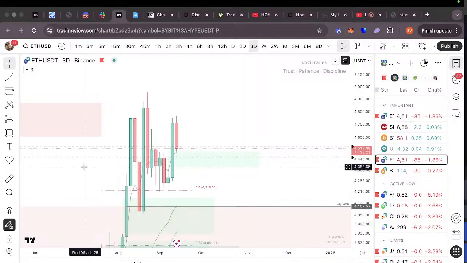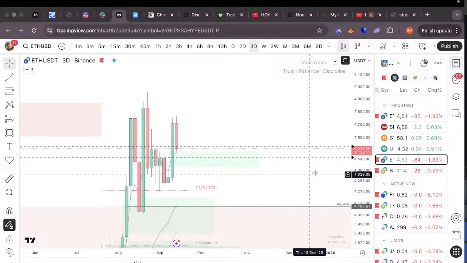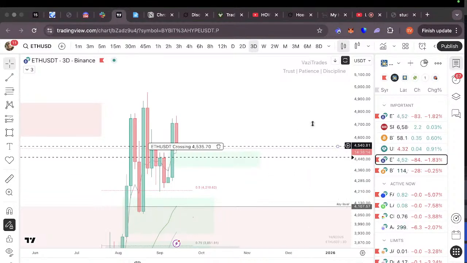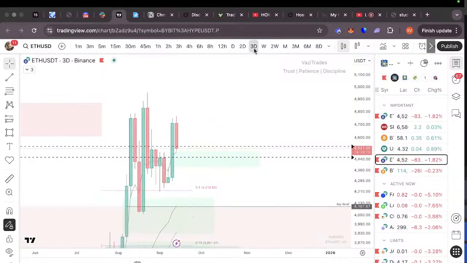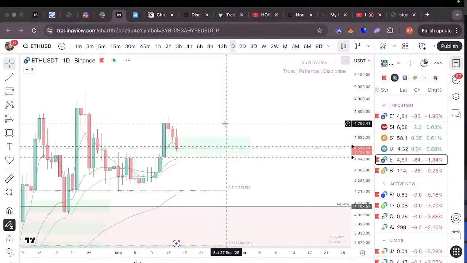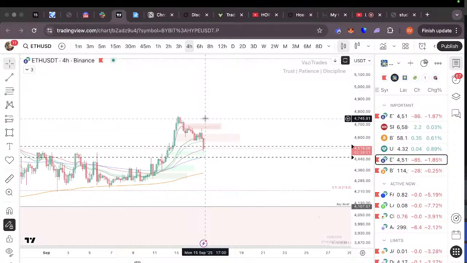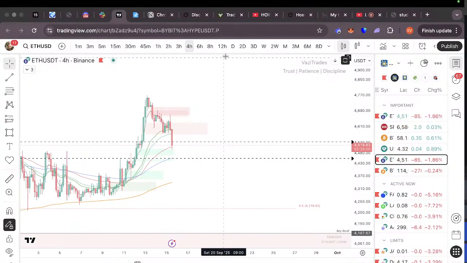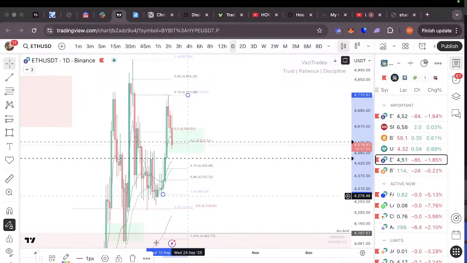The only support that is holding is this 3D FVG, which also aligns with this 4,400 level. And for 3D close, we have 14 hours. Okay, so let's now go to lower time frame and see what else we have. Let me do all time frames.